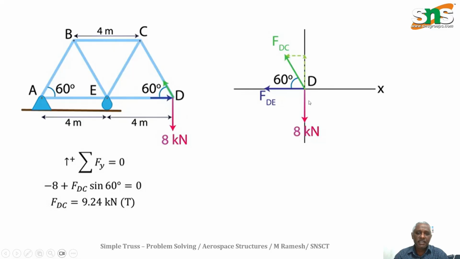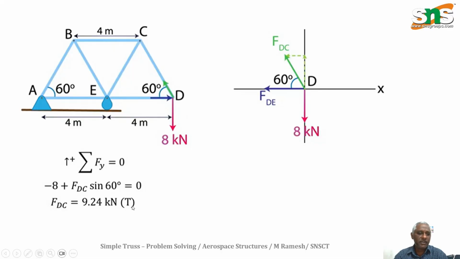Here the vertical forces are only the 8 kilonewton and the vertical component of the inclined member. FDE is purely horizontal, so don't take it. So FDC sine 60 minus 8 equals 0, and you will get a value of positive 9.24 kilonewton, tensile.